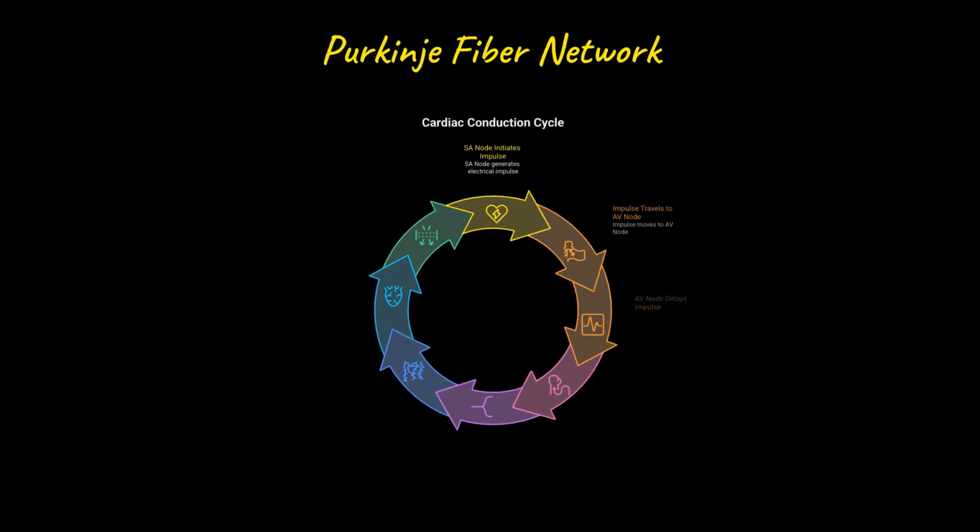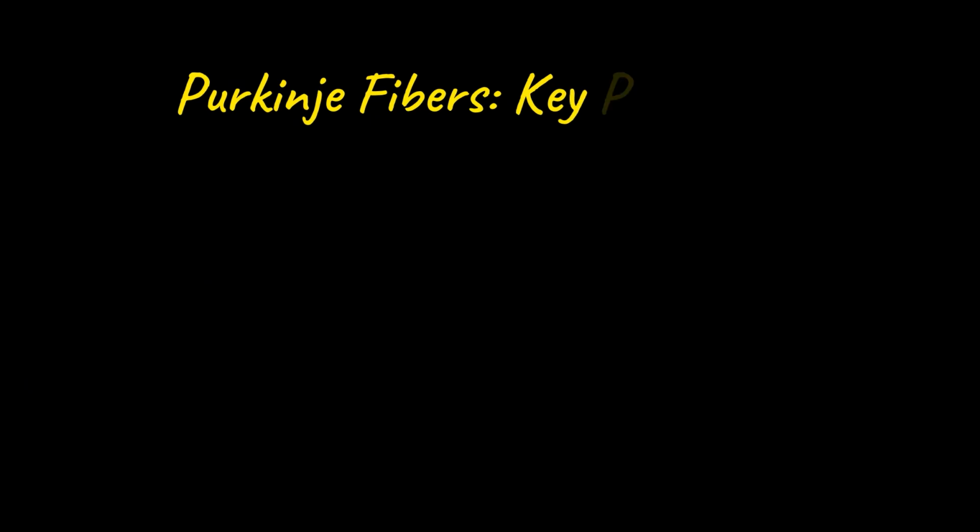The bundle branches taper into a fine tree of Purkinje fibers that fan across the inner surface of both ventricles. These fibers dive into the myocardium at many points simultaneously, achieving rapid, coordinated ventricular depolarization, completing the narrow QRS complex seen on the EKG.